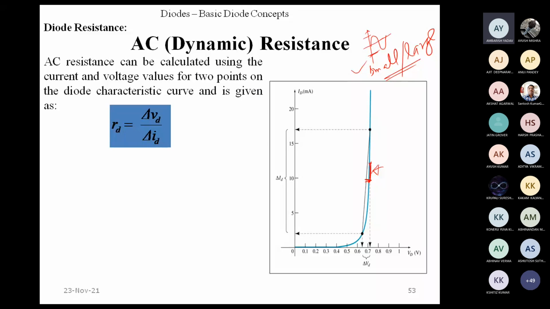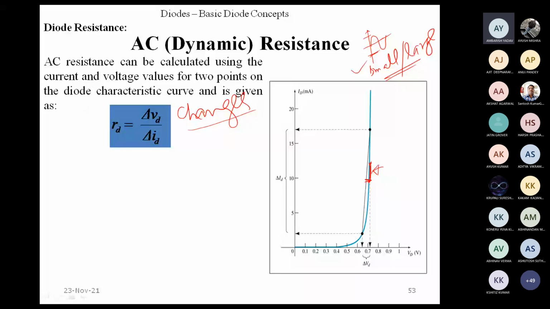So dynamic resistance we define as the change in the voltage to the change in the current. Here we take the changes in the voltage and current, rather than the absolute values, because the absolute values are changing.